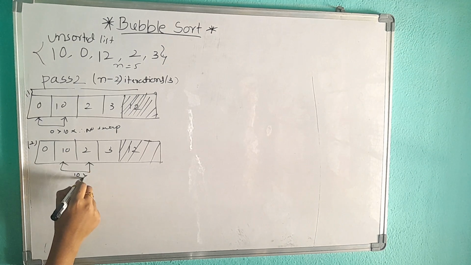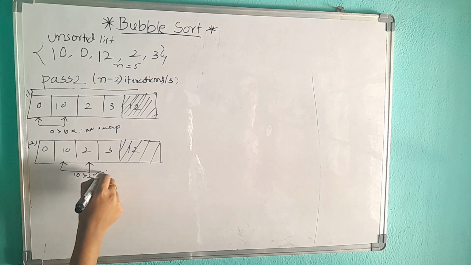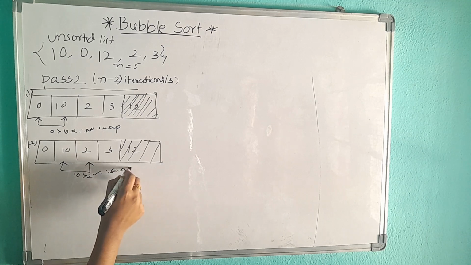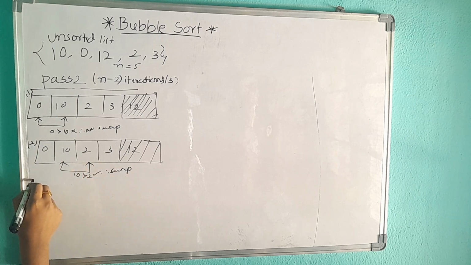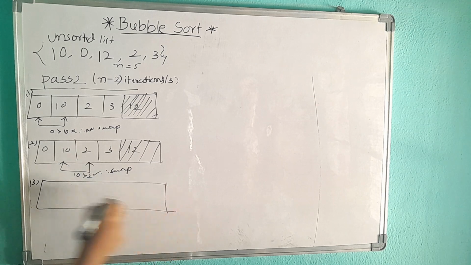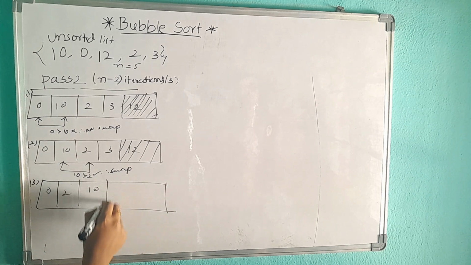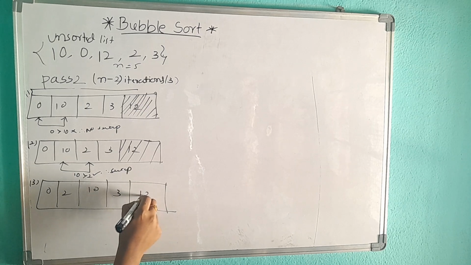Is 10 greater than 2? Yes, the condition is true. Therefore, we have to swap these elements 10 and 2. So the resultant will be like this: 0, 2, 10, 3, 12.